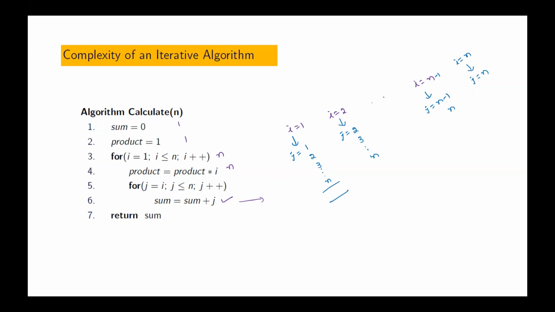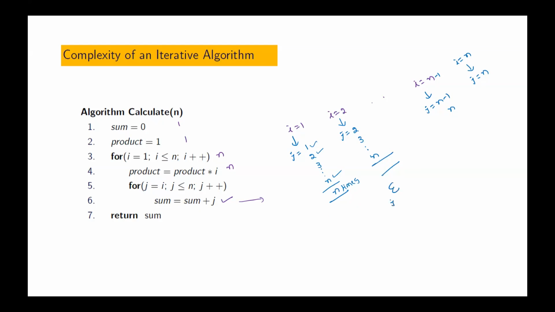When i equals 1, how many times is this sum equals sum plus j operation performed? j equal to 1 one time, 2 one time, like this. n times. When i equals 2, how many times is it performed? n minus 1 times.